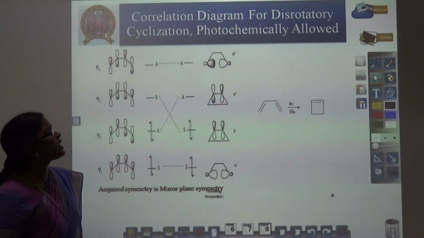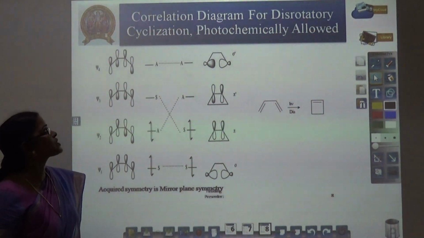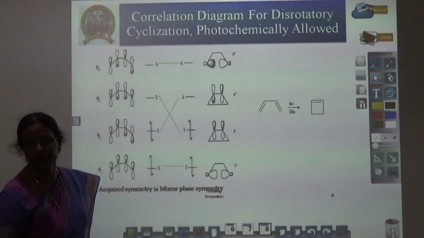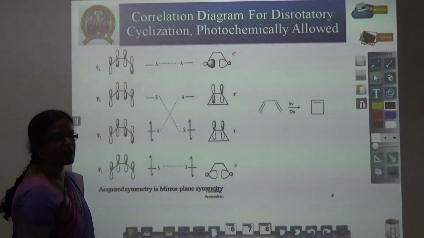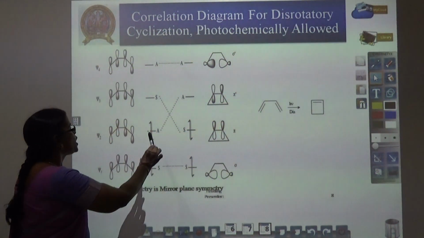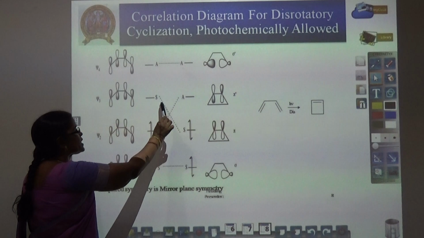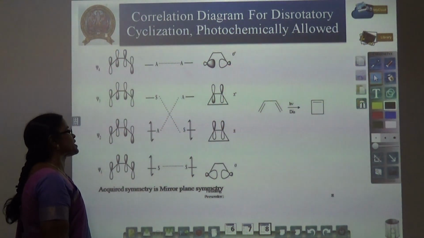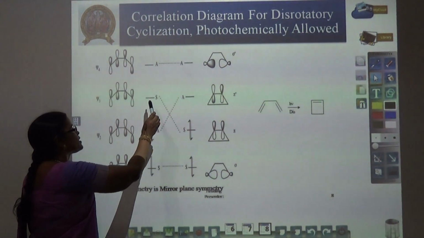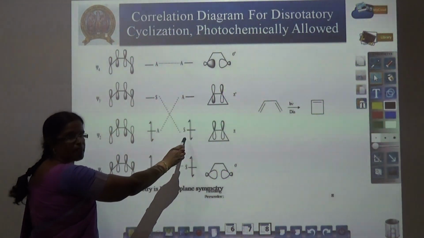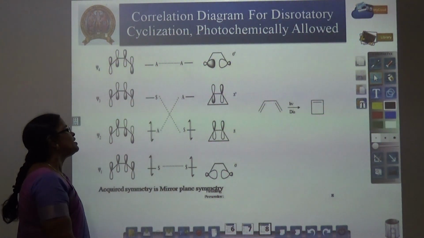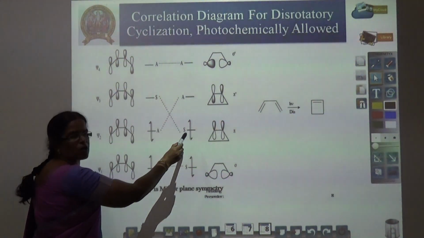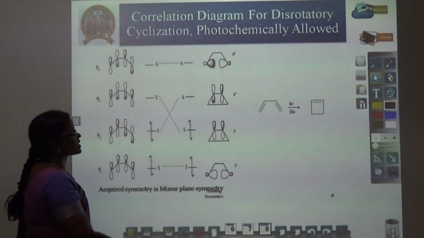Now, the correlation diagram for this rotatory cyclization. It is a photochemical process, which means the correlation diagram is drawn for a photochemical process. The first excited state molecular orbital can correlate with the ground state orbital of the product.